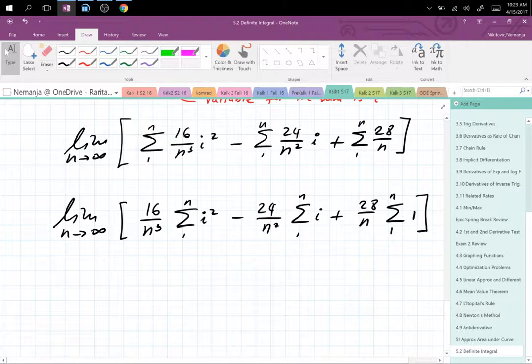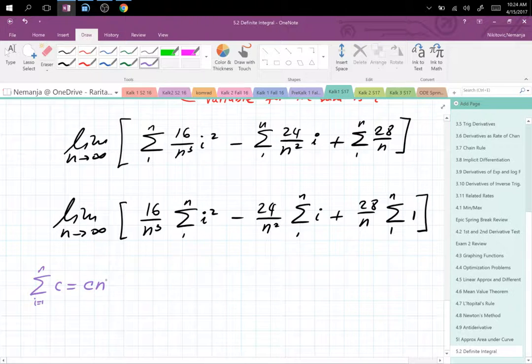Now I will write in, I guess, purple. We don't have to scream it. In purple, I will write the formulas. Summation of i going from 1 to n of a constant is just going to be Cn.